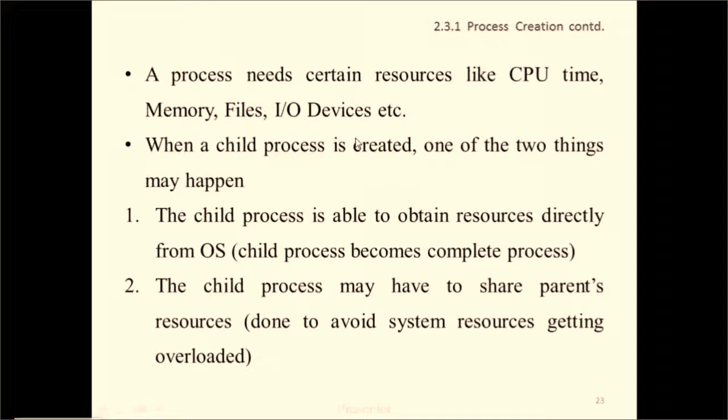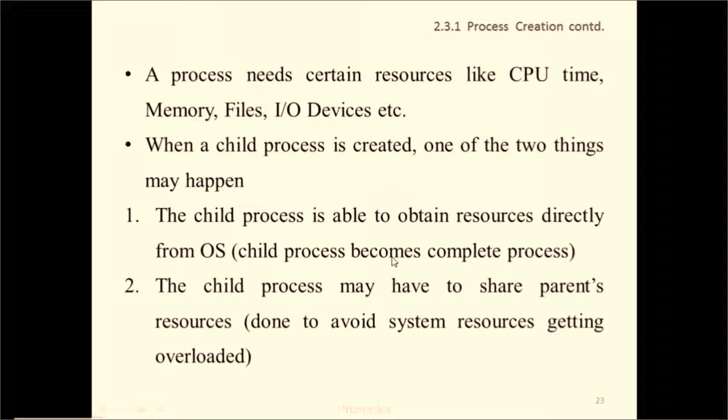Now a child process is created, and one of two things might happen about the resources for this child process. Number one, the child process is able to obtain resources directly from the OS. So the child process is a complete process.